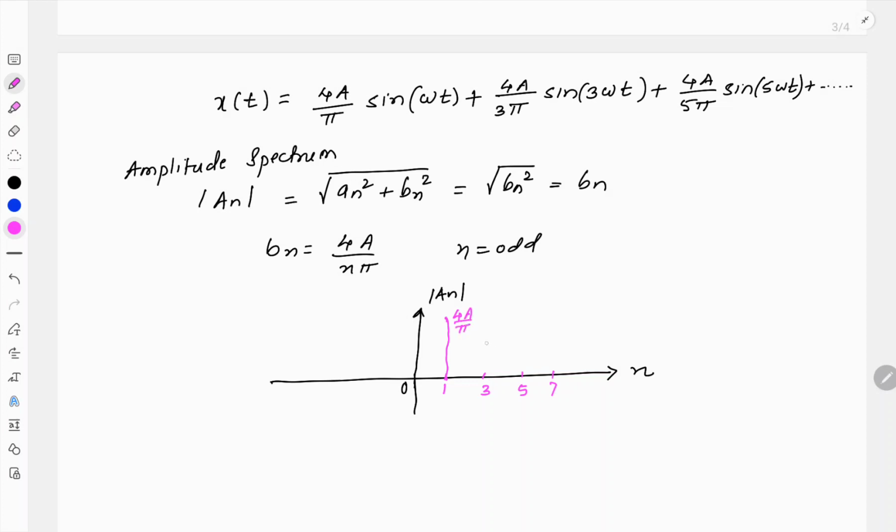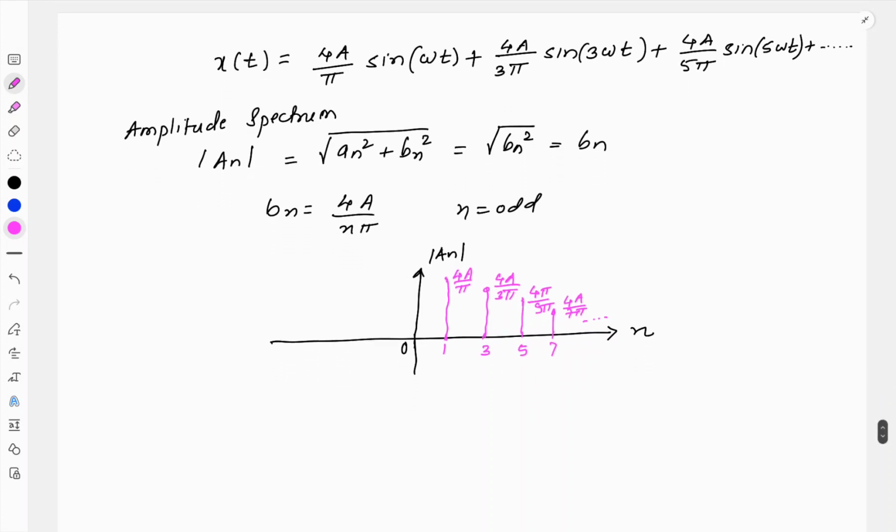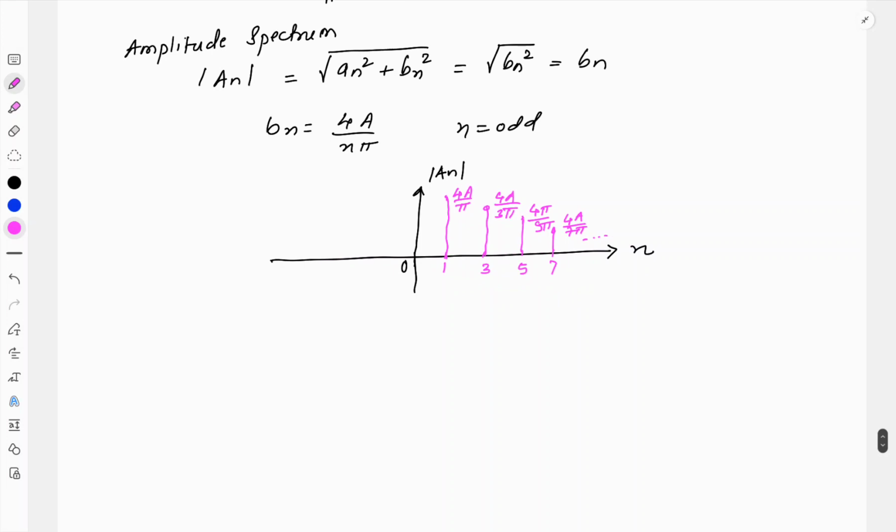Similarly at n equal to 3 we will get somewhat lower amplitude, 4a upon 3 pi. For 5 it will be lower still, 4a upon 5 pi. For 7 again lower, 4a upon 7 pi, and so on. In this way we can plot the magnitude spectrum of the Fourier series.